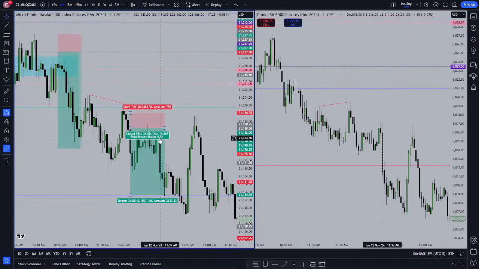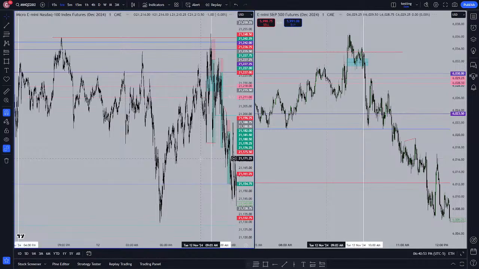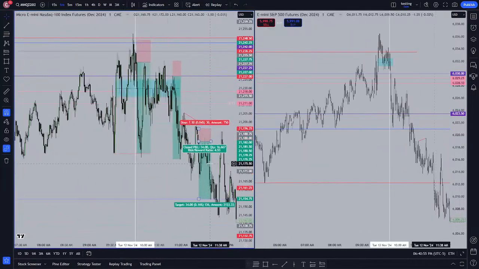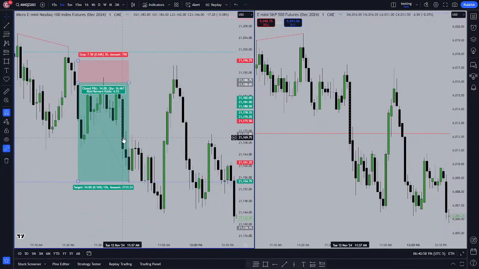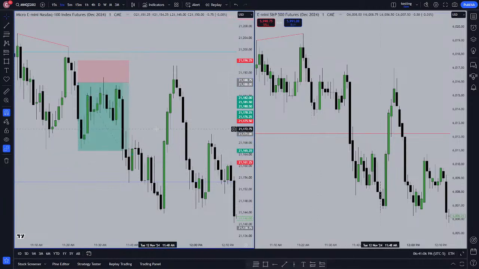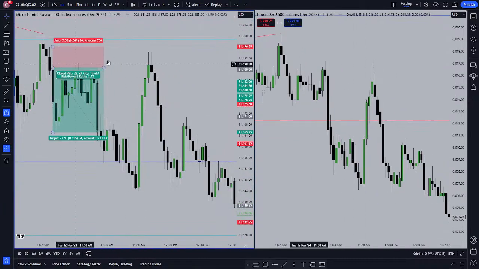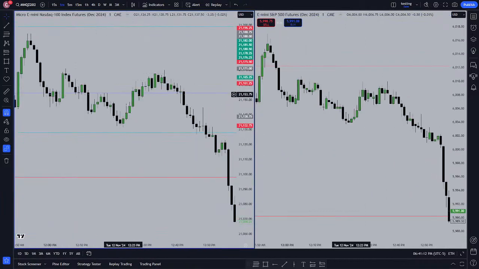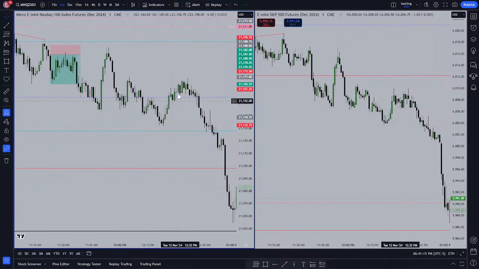And you could also take it off at this low. Comes back, makes another SMT, keeps going lower.